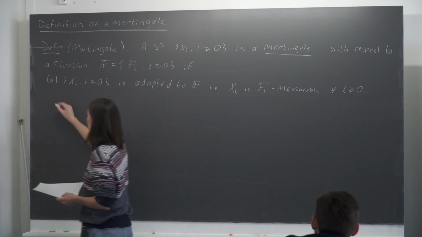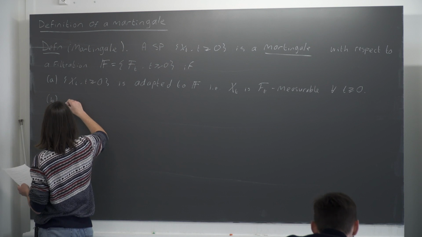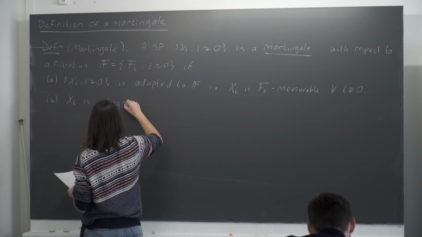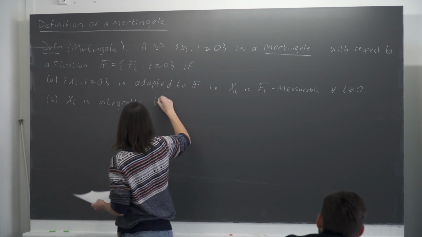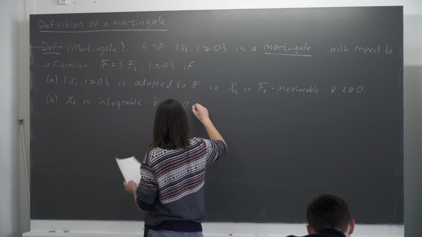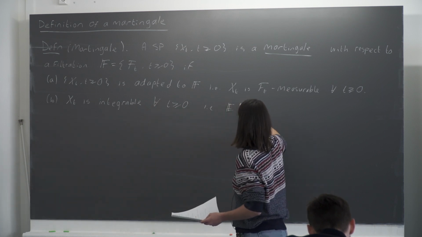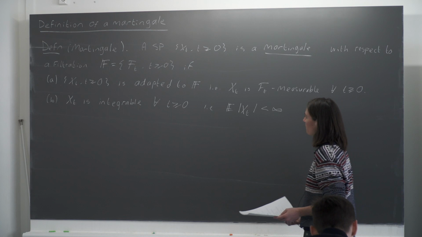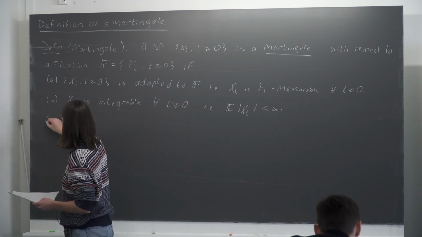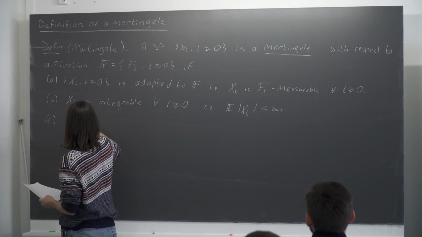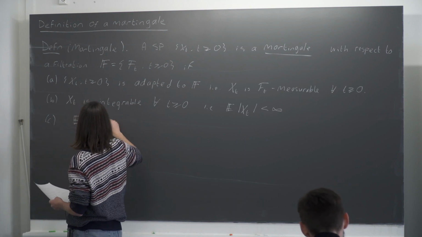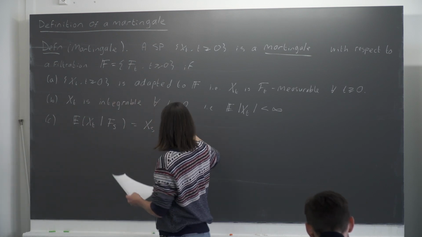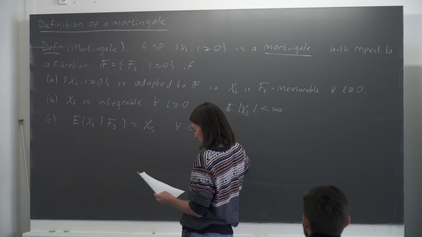The second property is that Xt is integrable for all t greater than or equal to 0, i.e. the expected value of the modulus of Xt is less than infinity. And the third property is that the expected value of Xt conditioned on Fs is equal to Xs for all 0 less than or equal to s less than or equal to t.